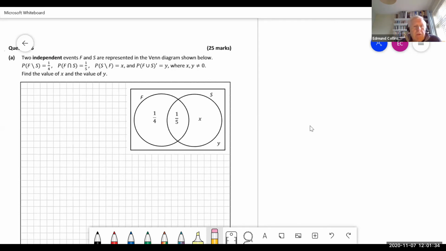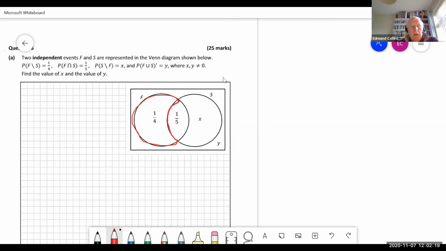Now P of F backslash S, and we should be familiar with the designation, means F not S. So when we're talking about F not S, it's that part of the Venn diagram. So that equals a quarter, or 1/4.